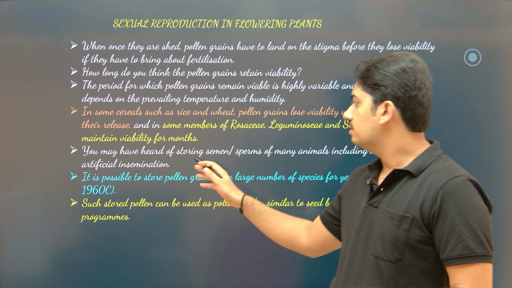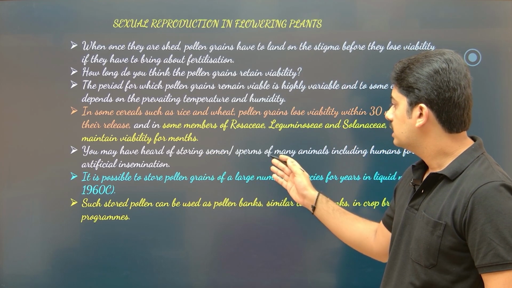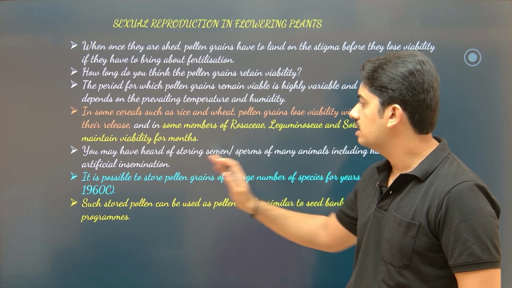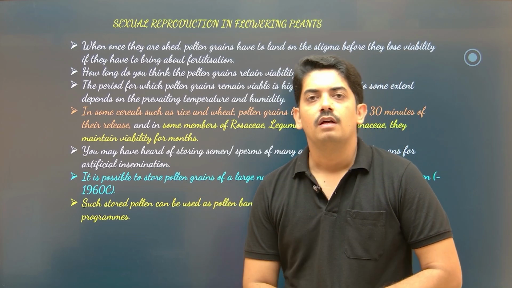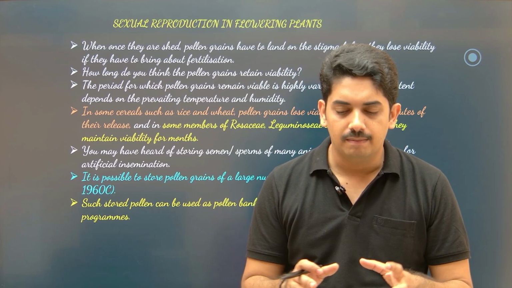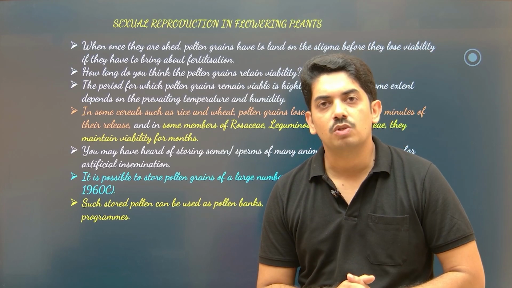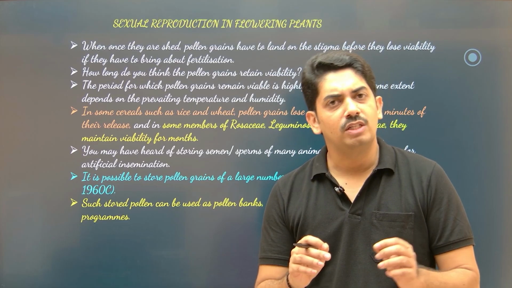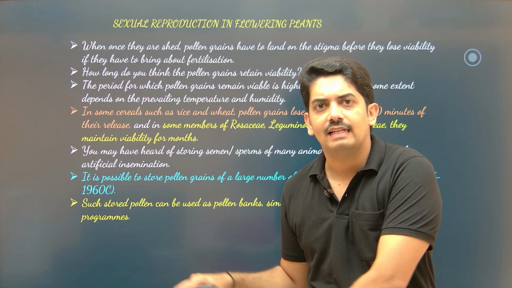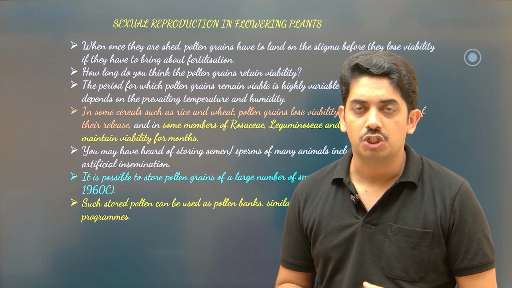You may have heard of storing the semen, sperms of many animals, including humans, for artificial insemination. Now, there is a reason to tell this example, how the semen is stored. This process is called cryopreservation. That terminology is not given here. They have directly given that pollen grains are stored at minus 196 degrees Celsius.